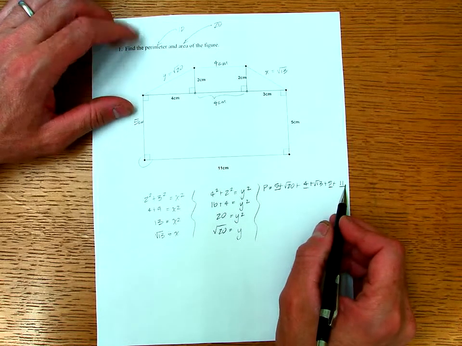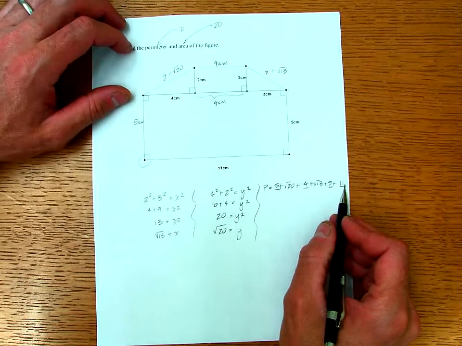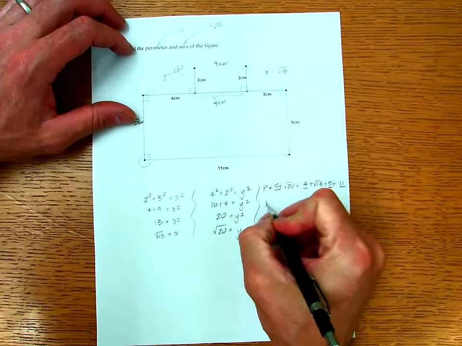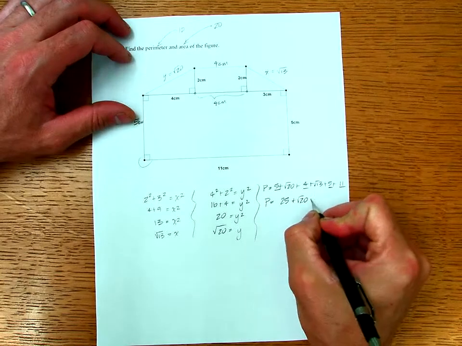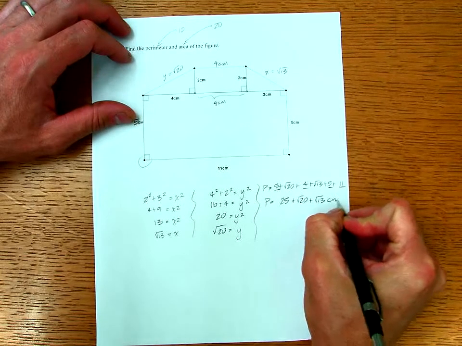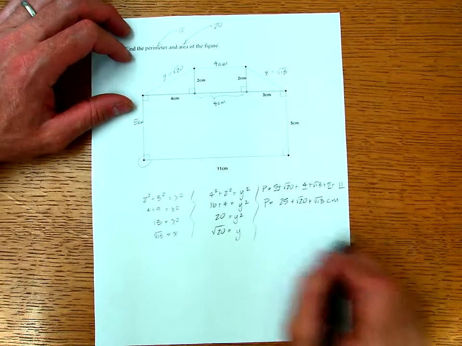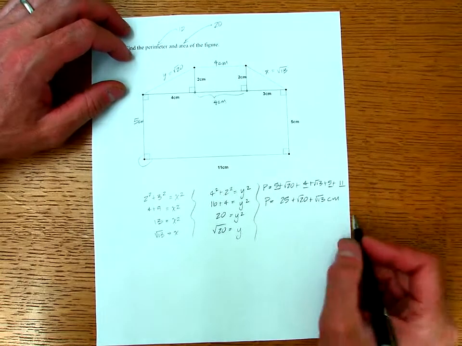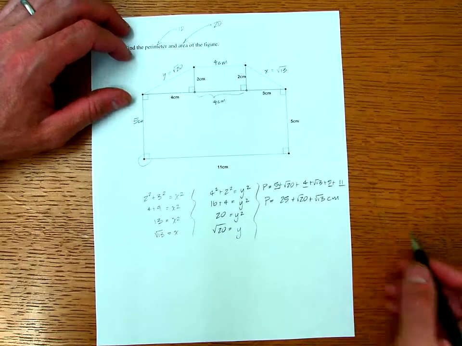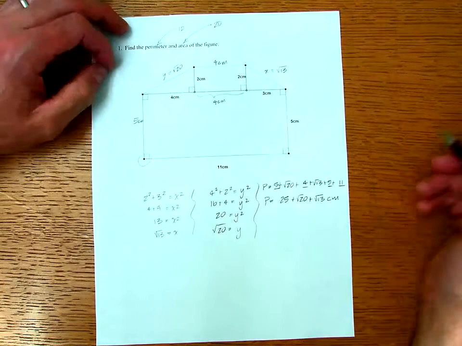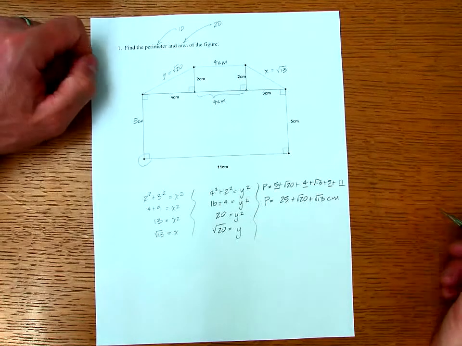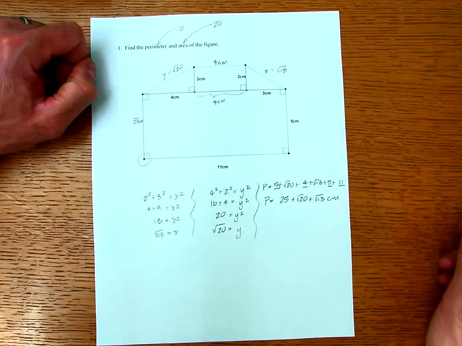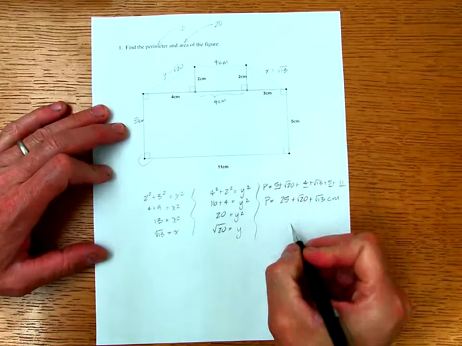And 14 plus 11 is going to be 25. So the perimeter is 25 plus the square root of 20 plus the square root of 13 centimeters. Of course, many of you asked me this today in class, would you prefer this form or decimal form? That's entirely up to you. Since it was never stated in this problem what form, you can certainly simplify this to a decimal approximation. So that would be our answer for the perimeter.